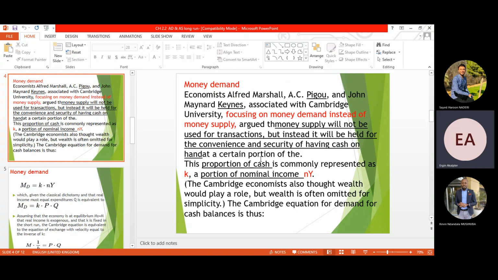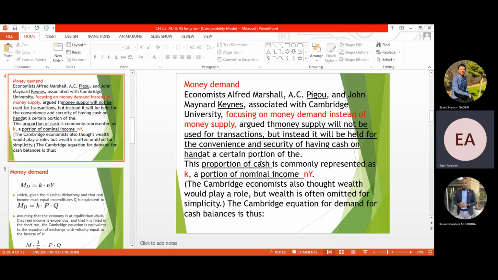Either you reduce taxes to increase the amount of money in the market, in the disposable incomes, or you may give them some percentage of income increase to enlarge their capacity for shopping. Therefore, money demand instead of money supply is the focus in Keynesian economics.